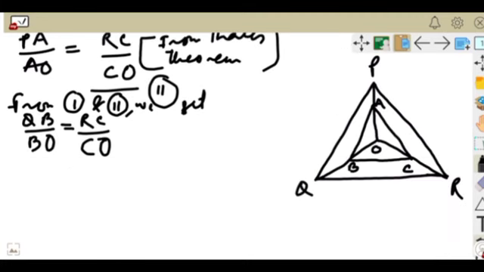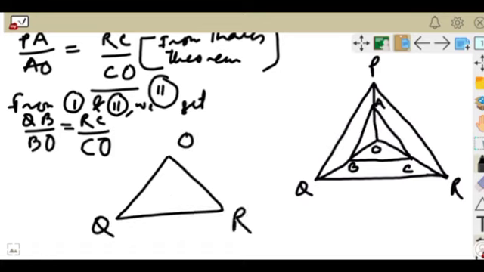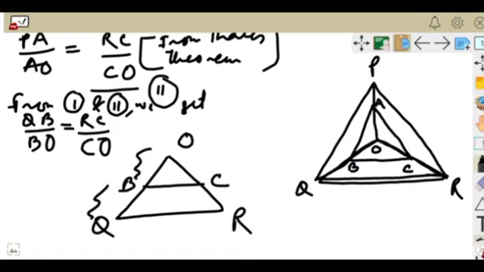Okay, let us observe this carefully here. Let me draw here triangle OQR. I have drawn now. Here we have B and here we have C. QB divided by BO equal to what? RC divided by CO. That means I can conclude that BC is parallel to QR because of the converse of Thales theorem.